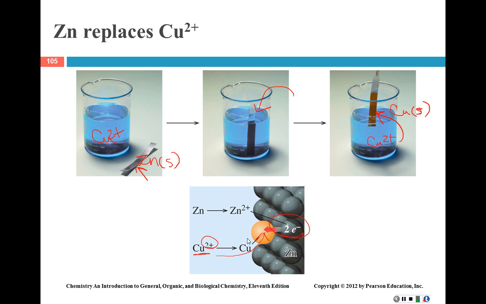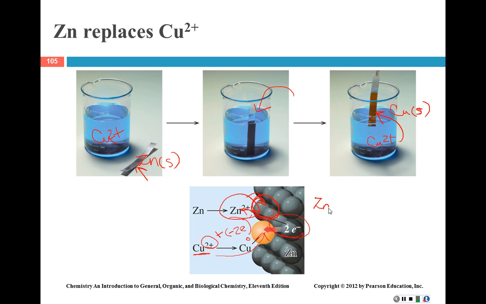So to get to a 0, which is what copper metal is, it will have to have 2 minus charges, okay? And so those 2 minus charges have to come from somewhere, and so they come from one of these zinc metals, and the zinc metal then becomes the zinc ion +2 because it gave 2 electrons away. Does that make sense?